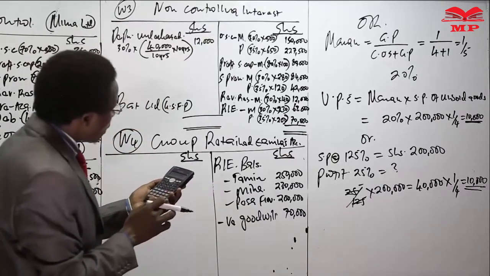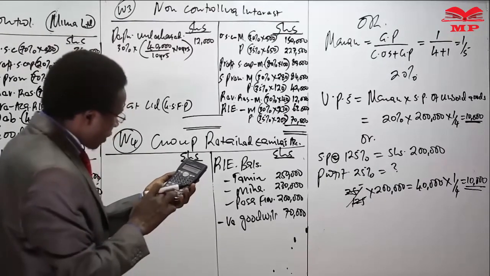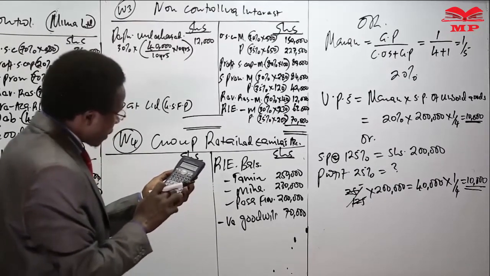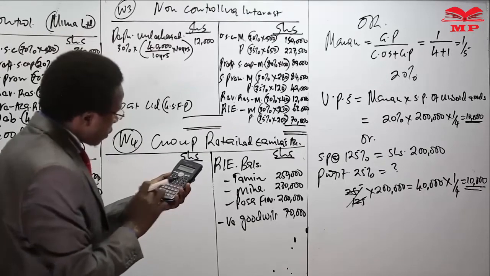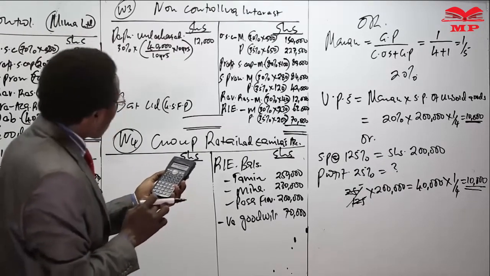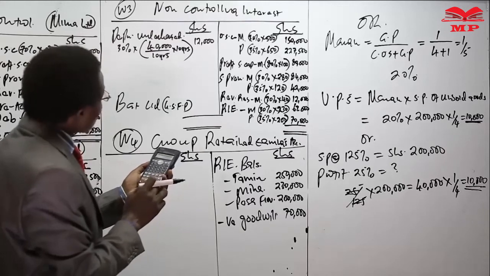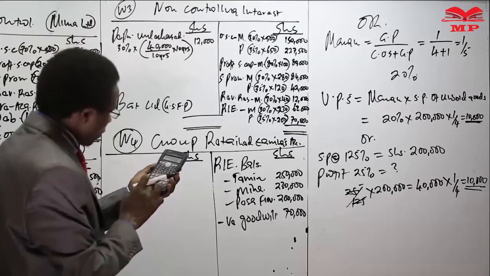I cannot really see, the ink is too much there, but it's okay. Then plus 70,000. So we have 734,500, and against that we subtract the 12,000.